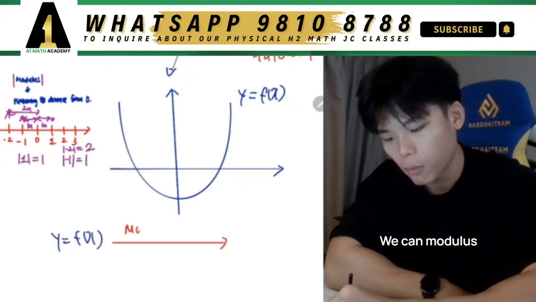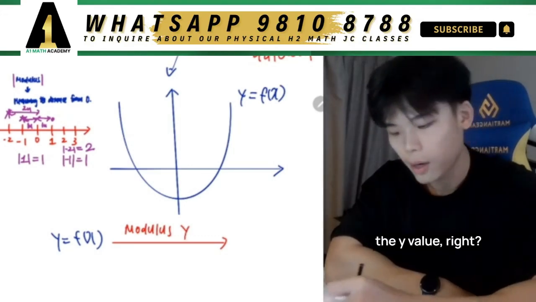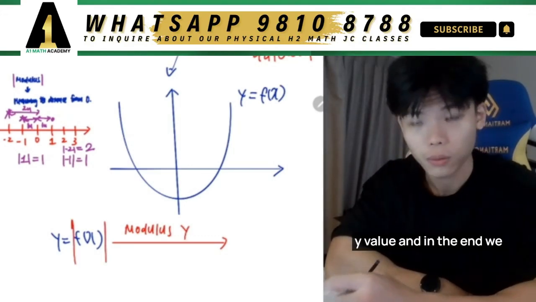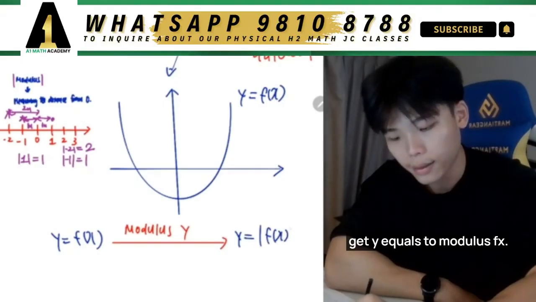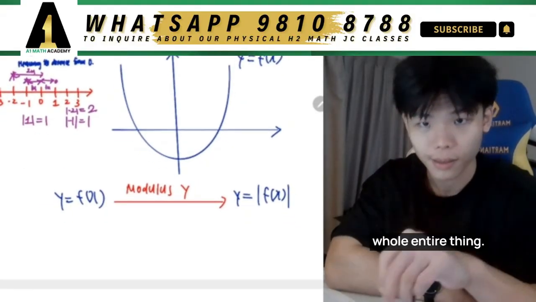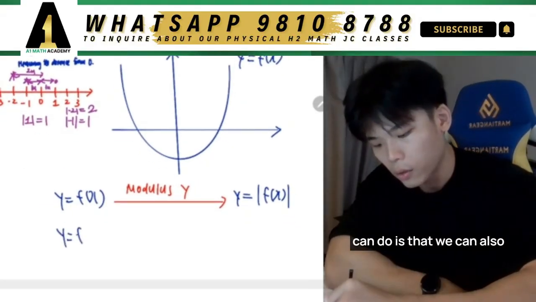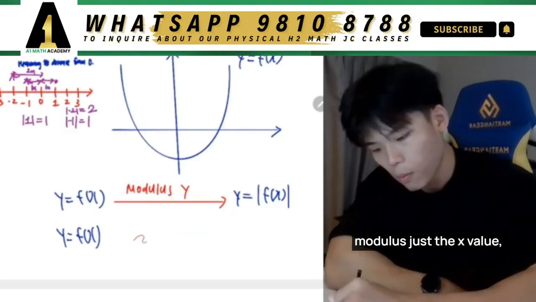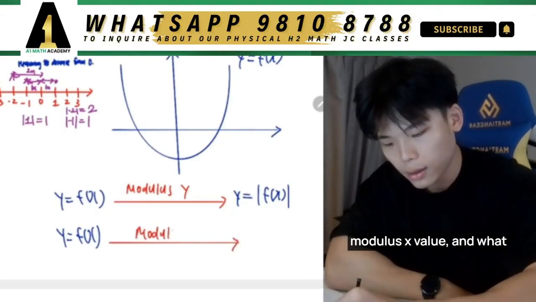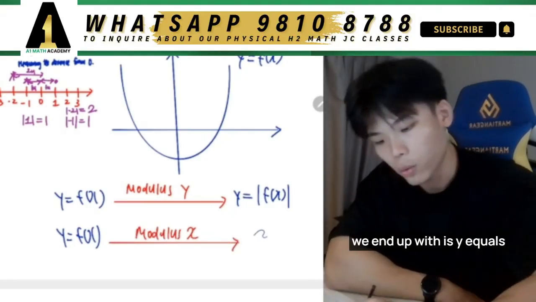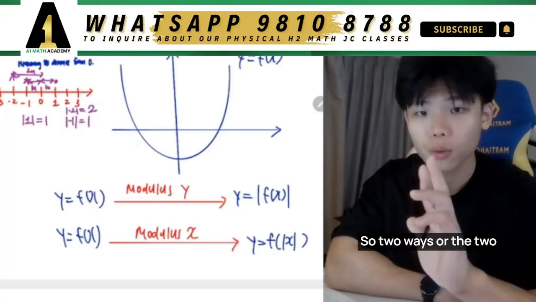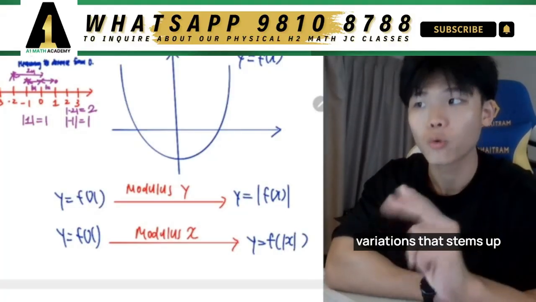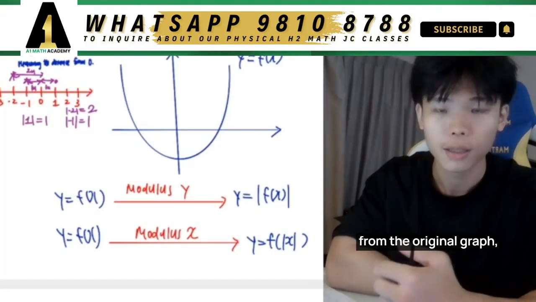We can modulus the y value, the entire y value, and in the end, we get y equals modulus f(x). We can modulus the whole entire thing. Alternatively, we can also modulus just the x value, and what we end up with is y equals f(modulus x), like that. So 2 ways or 2 variations stem out from the original graph.